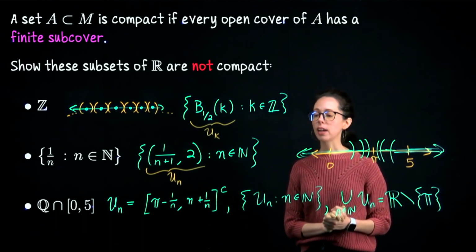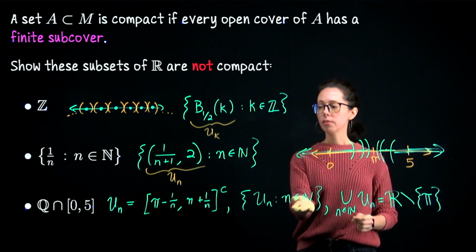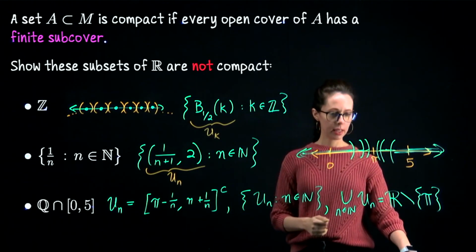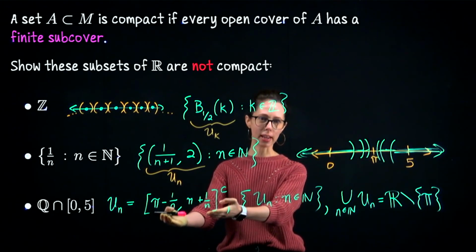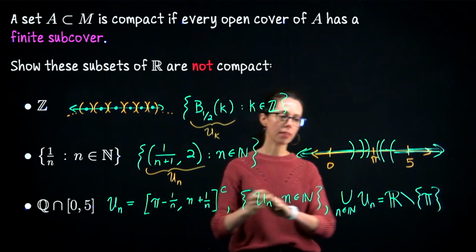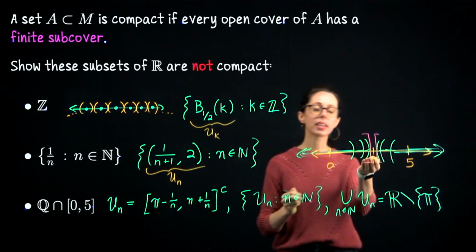However, I cannot reduce this infinite cover down to a finite subcover for reasons similar to this one. If I tried to say that there was some maximal index in a finite subcover, what we would be doing is creating a little window around pi that doesn't get covered.